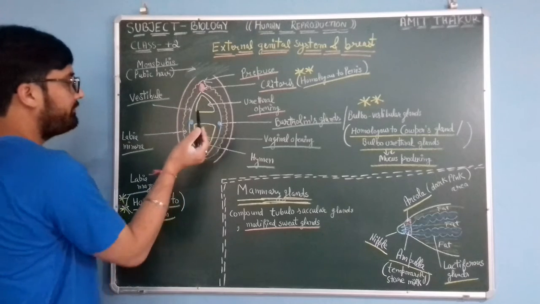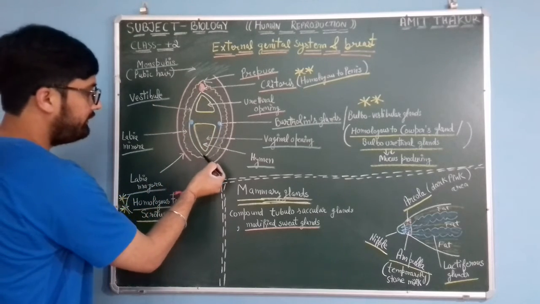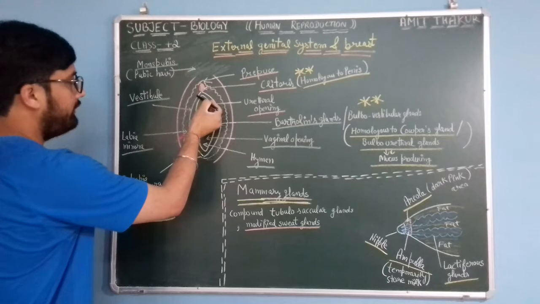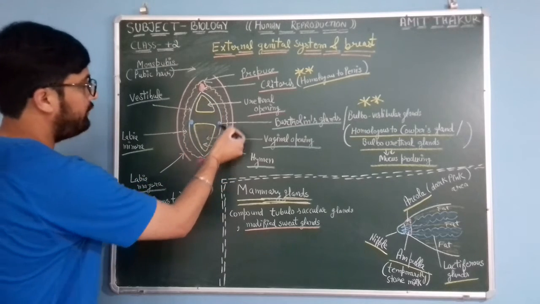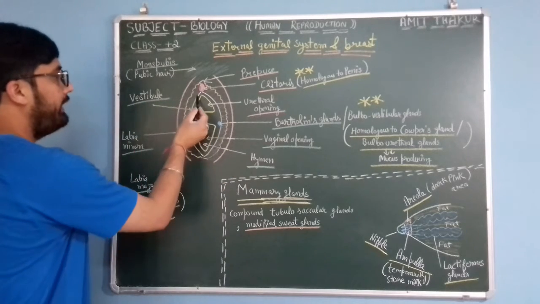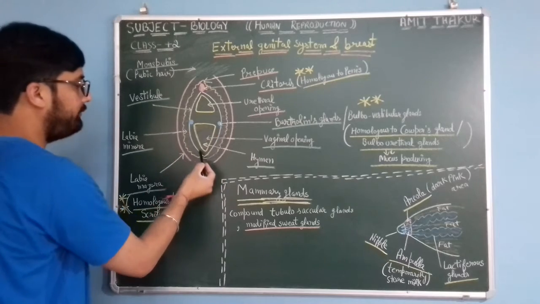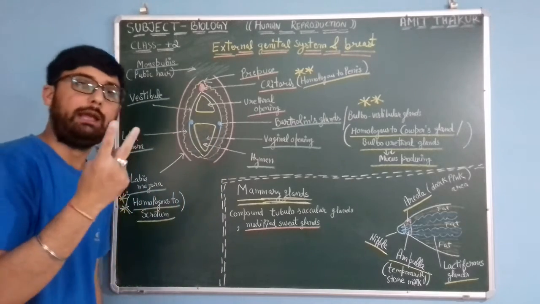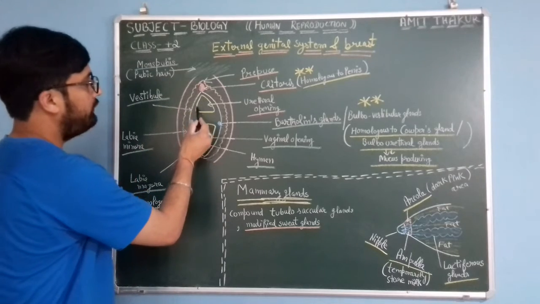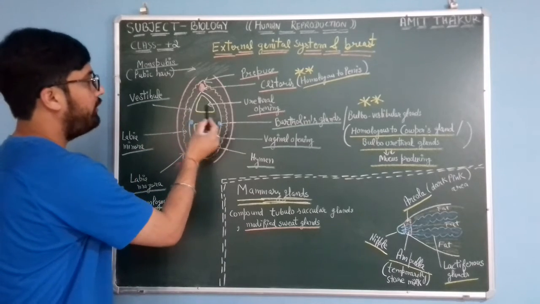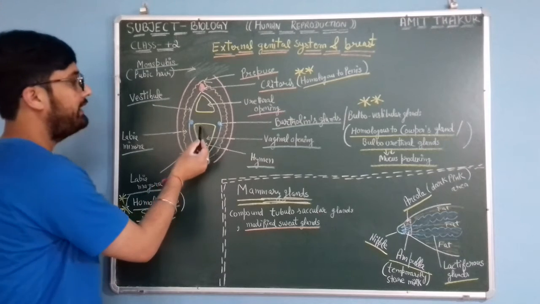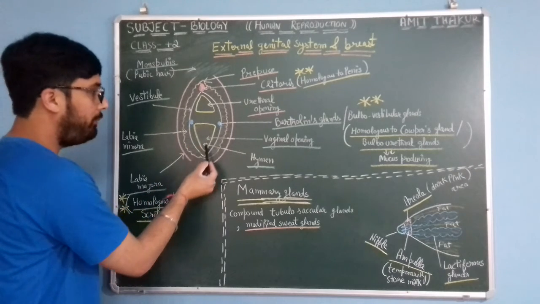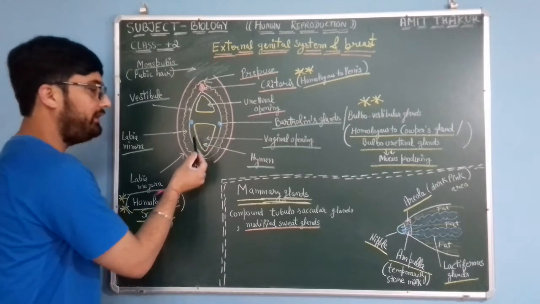Here you can see this white spindle-type structure, known as the vestibule, and inside this vestibule there are two different types of openings. This opening is known as the urethral opening for urination, and this is the vaginal opening.